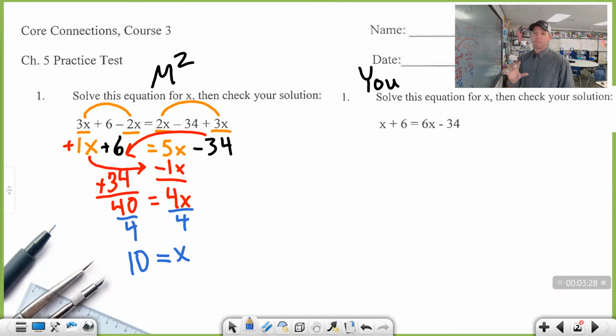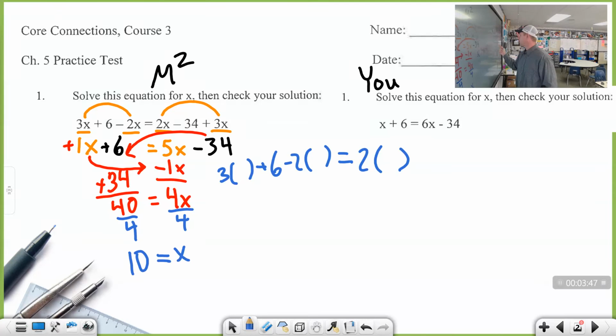Unfortunately, I'm not done yet because I need to go back and check my answer. Here, let's do different colors. 3 times whatever x is plus 6 minus 2 times whatever x is going to equal 2 times whatever x is minus 34 times whatever x plus 3 times whatever x is.